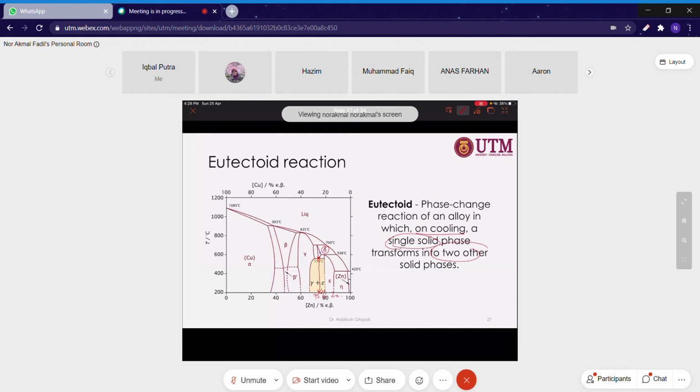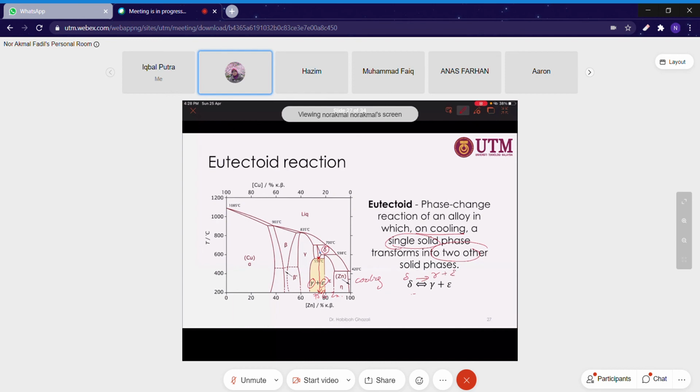Can you guess the transformation reaction? Okay, so the delta, if you cool it down, will transform into two solid phases, which are gamma and epsilon. So upon cooling, delta will transform into gamma plus epsilon.